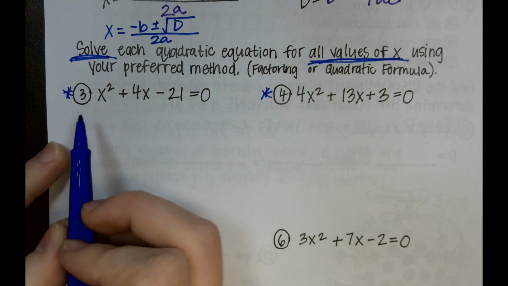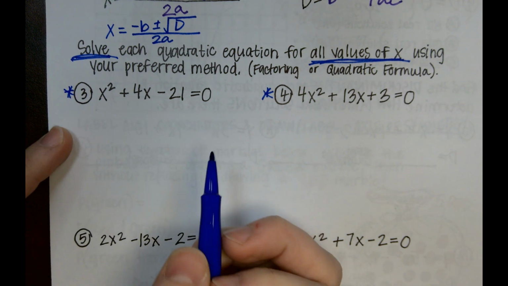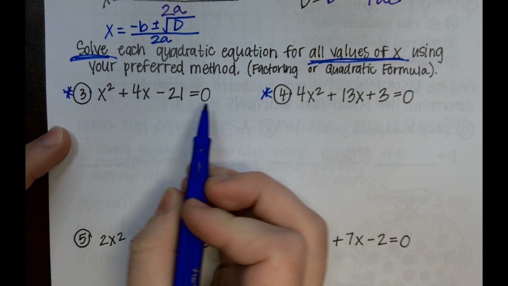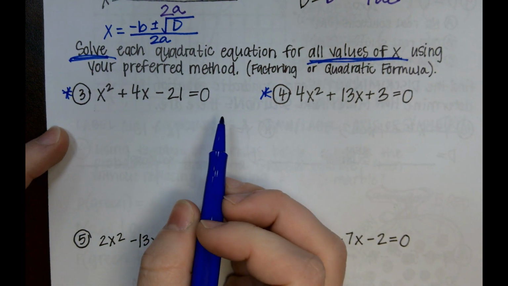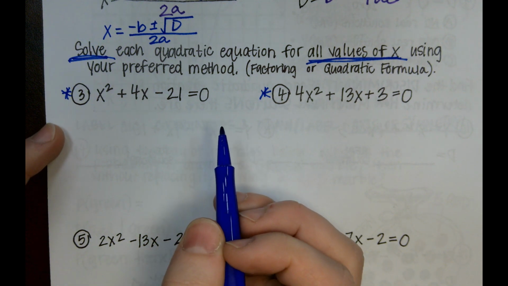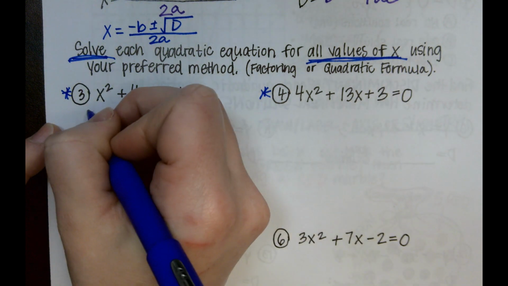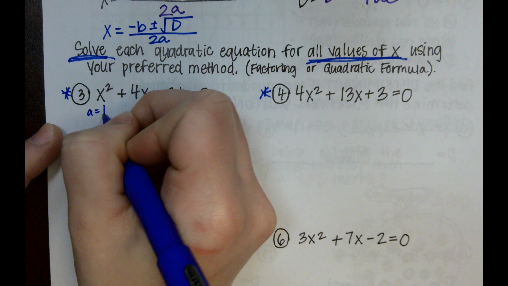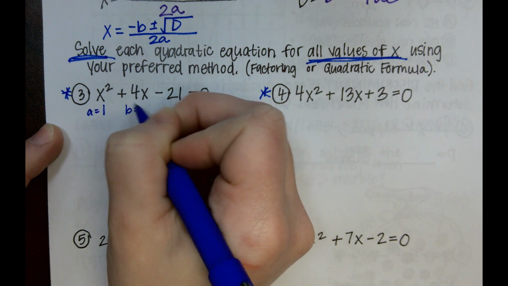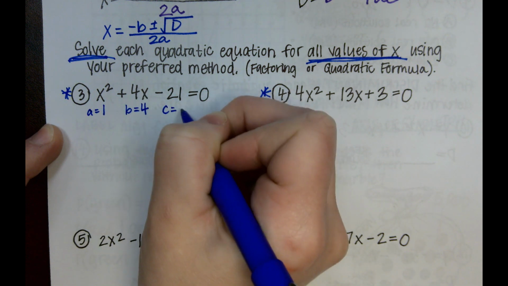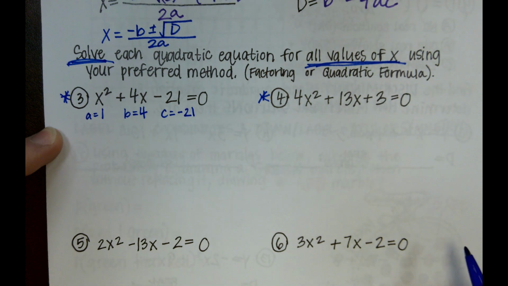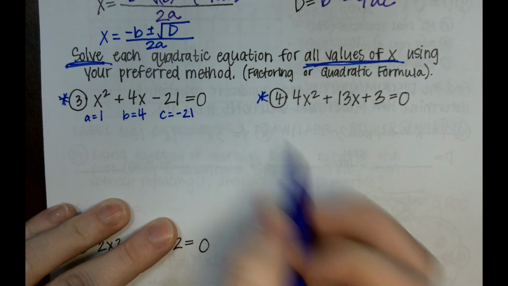Number 3. Whenever we want to factor a quadratic equation, what's the first thing we need to identify? A, B, and C. What's my A? 1. What's my B? 4. And my C? Negative 21. Good. What do I do next?